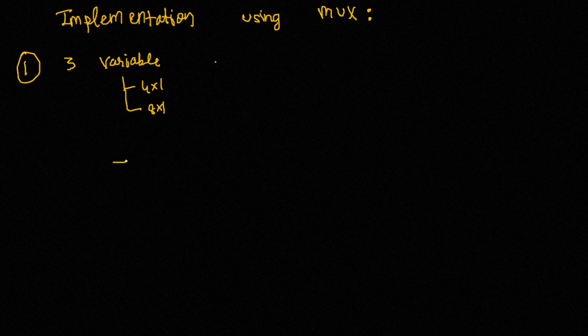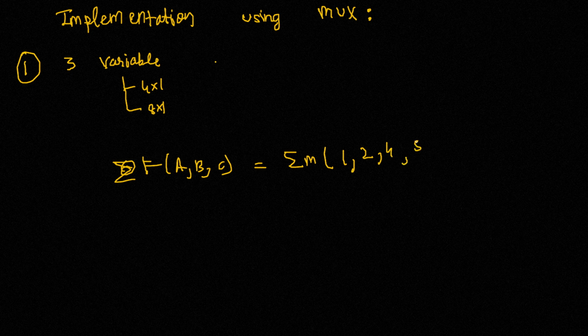So let's say we have a function of a, b, c equal to summation of minterms 1, 2, 4, 5.